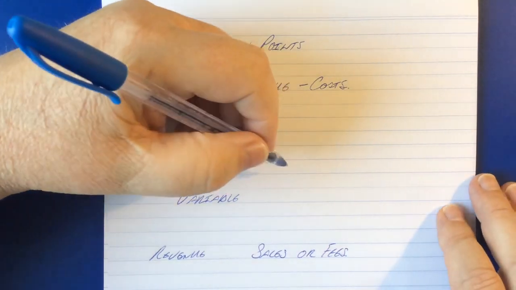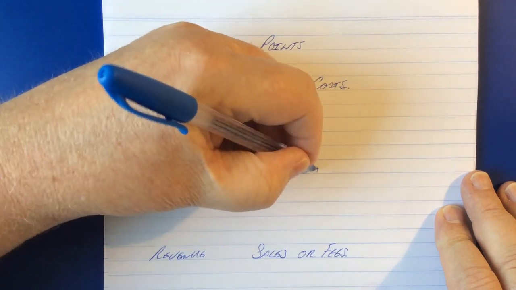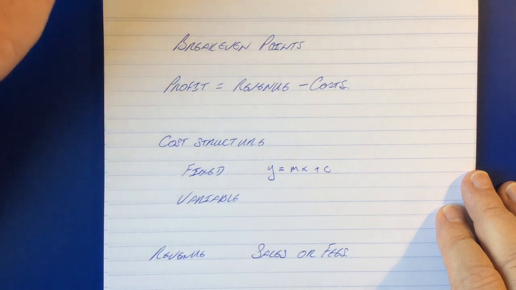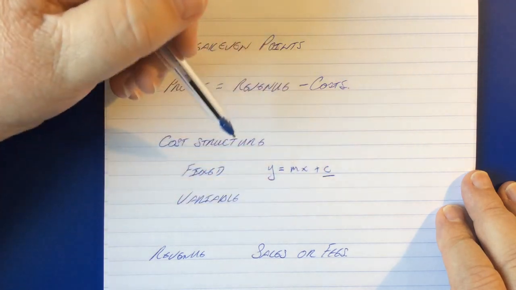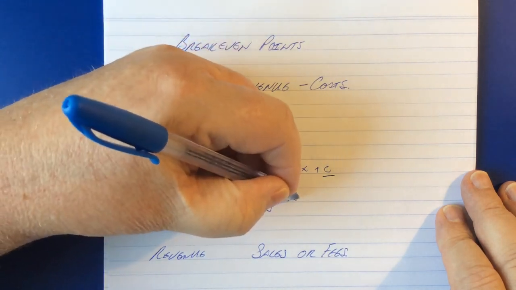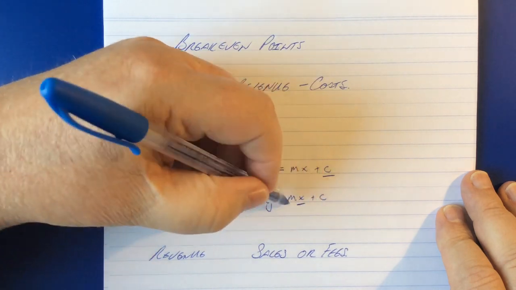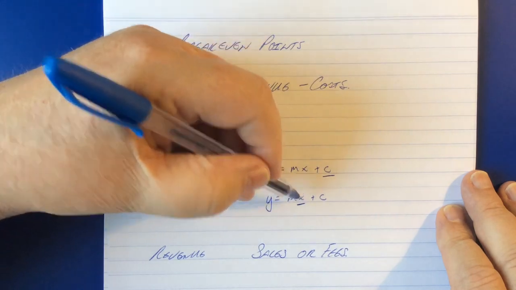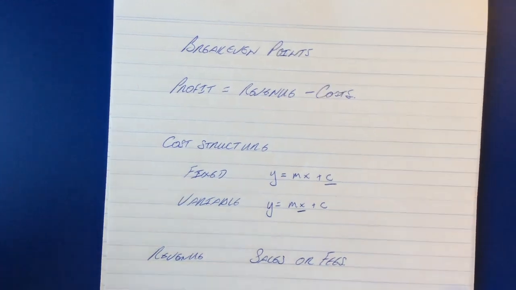So let's put this in terms that someone just doing mathematics might find readily understandable. That's the fixed cost. The variable costs are in here. That's the variable.